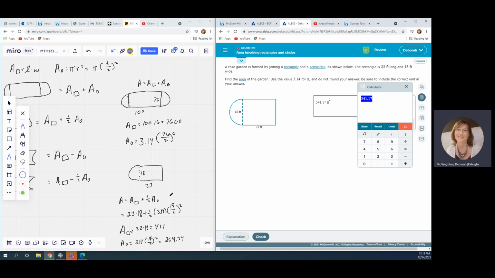Or I can put these two answers in here: 414 plus 1/2 times 254.34. So whichever way is easier for you to put them into your calculator, they all give you the same answer.